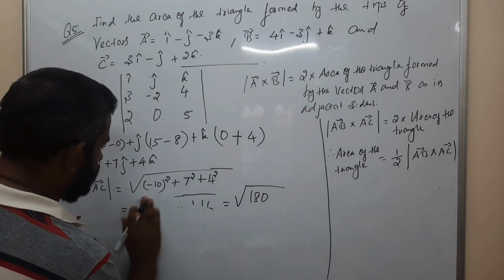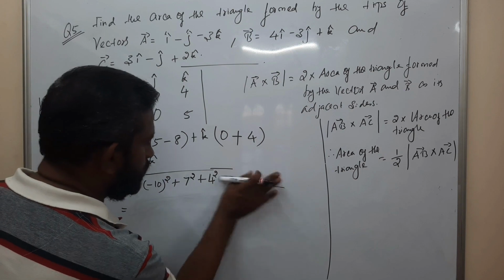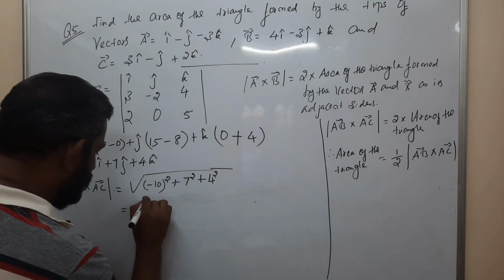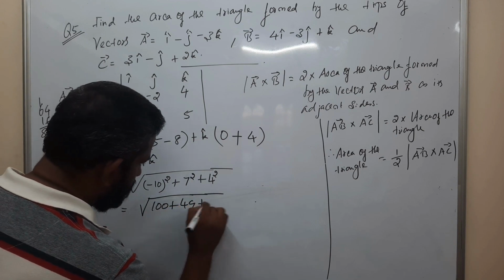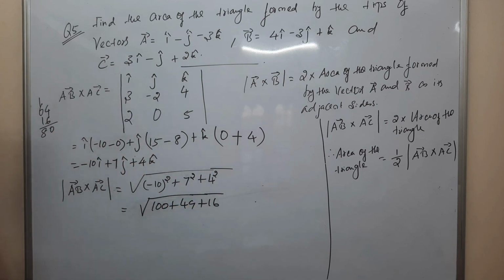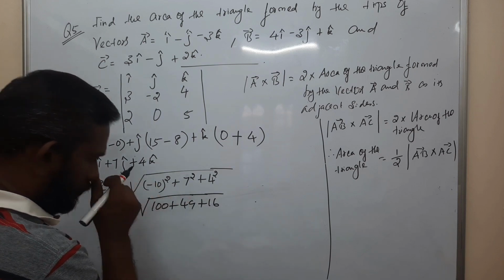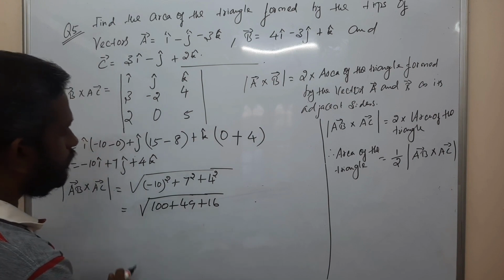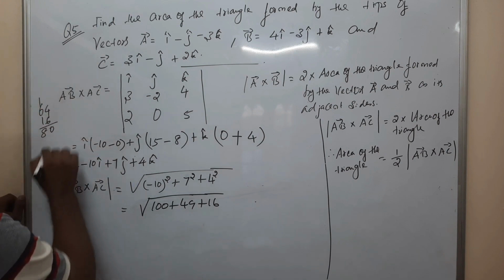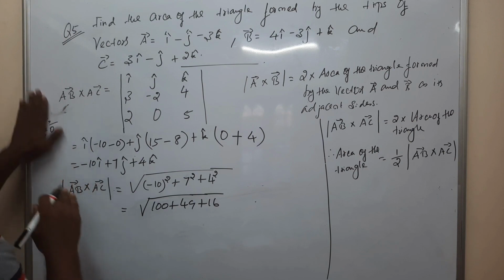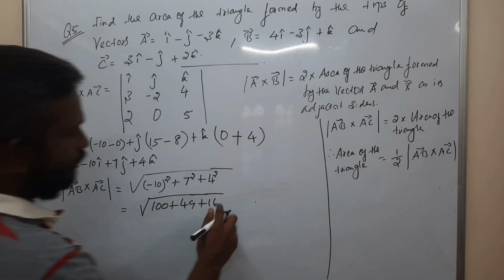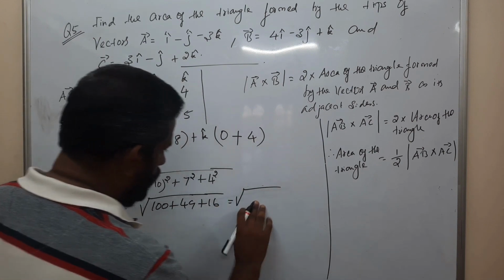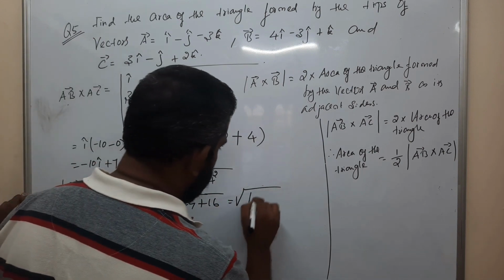So that's equal to the root of 100 plus 49 plus 16, that is 165.